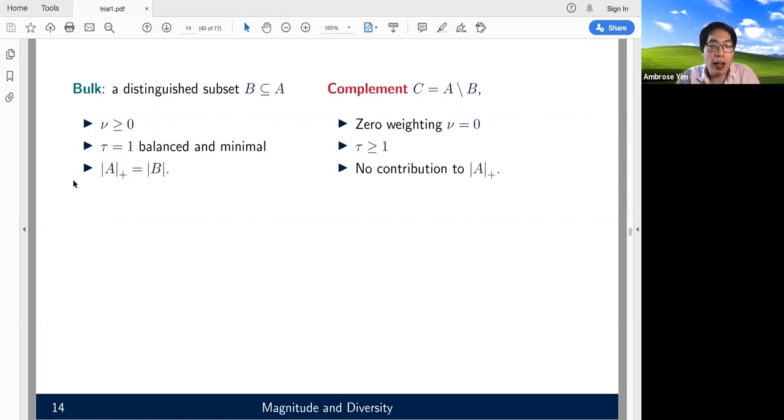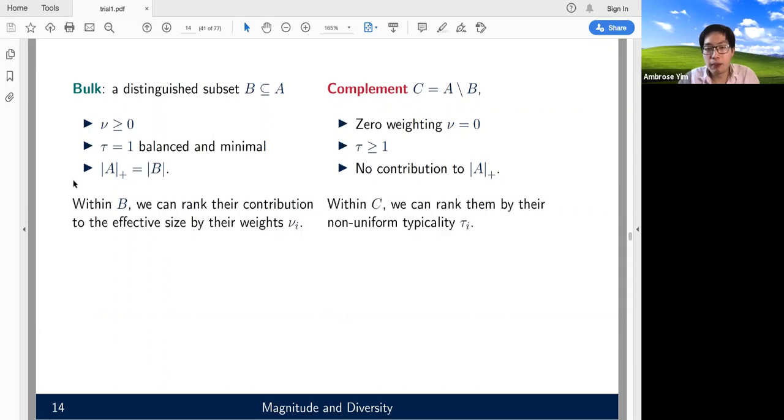The magnitude of the bulk computes the maximal diversity. However, since the complement is assigned weight 0, it does not contribute to the size of the system, the maximal diversity.